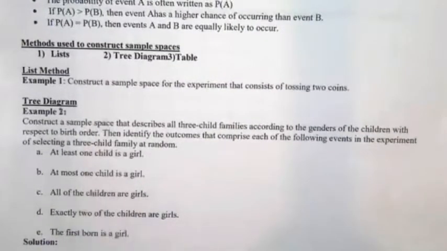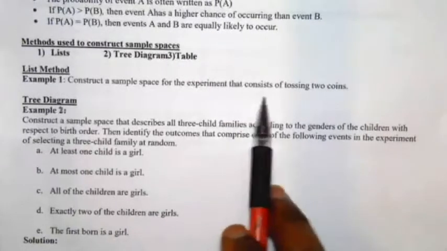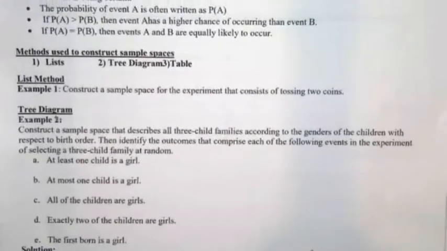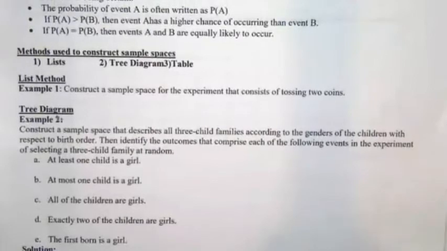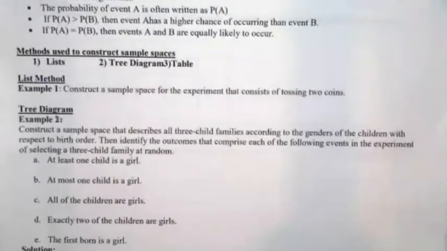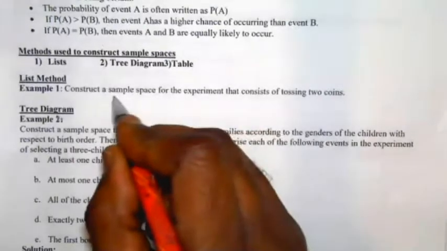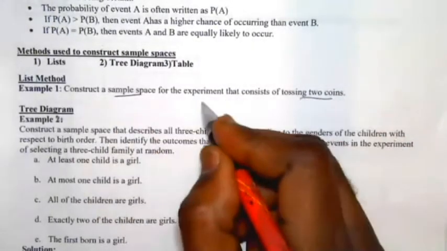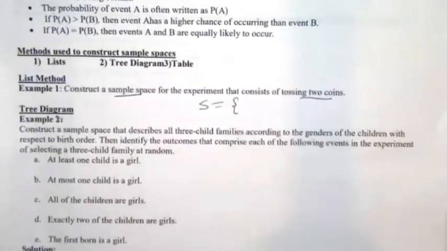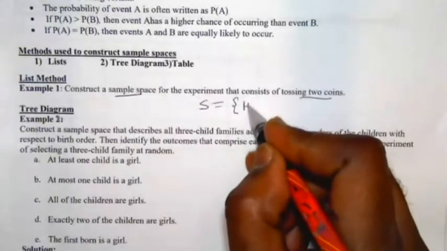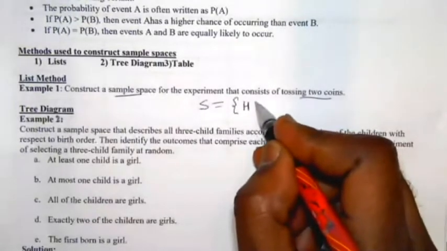Construct a sample space for the experiment that consists of tossing 2 coins. We saw this question yesterday, right, where we just listed the different outcomes. So if I toss two coins, what will be the sample space? The sample space S will be: the first coin could land on the head, and the second coin could land on the head.